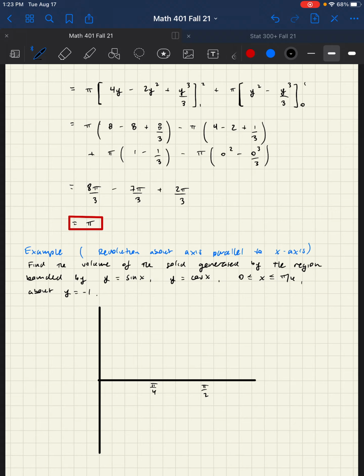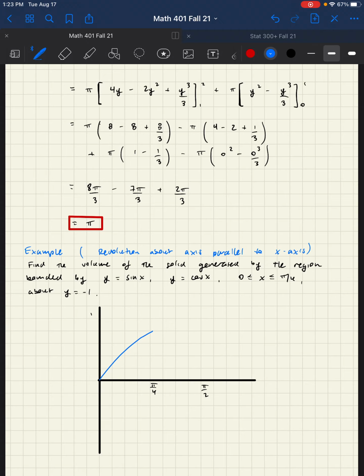If we imagine that this is pi over 2 right here, this is pi over 4, and here's 1. So what does sine of x look like? Sine of x is on its way to reaching its peak at pi over 2. It should look something like it's going up like this. Hasn't quite reached the apex of its trajectory.